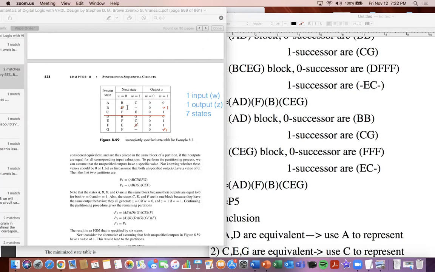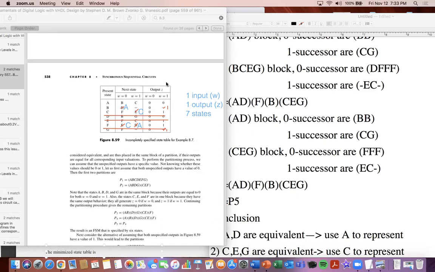So let me put in A. Okay, and then for CEG, we're going to take out E and G. So let me take out E and G here. And then where we see E and G, we're going to replace that with a C. C here and C here. Okay, and then that should complete our state diagram. I mean, our state assignment table.